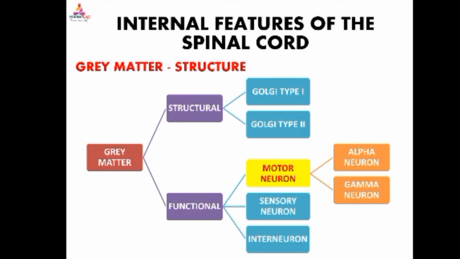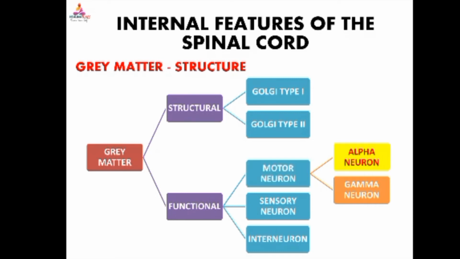Next is the motor neuron. These are present in the anterior and lateral horn. The first type of motor neuron in the anterior gray column is the alpha motor neuron. These are large multipolar cells and supply the extrafusal skeletal muscle fibers.